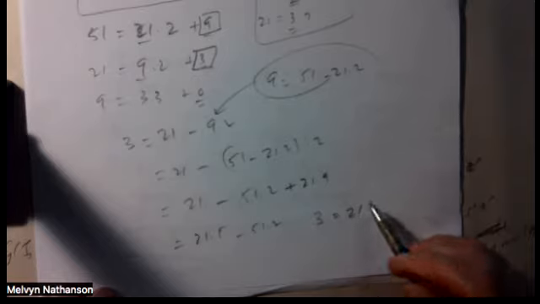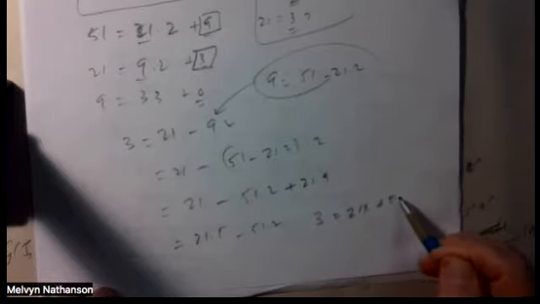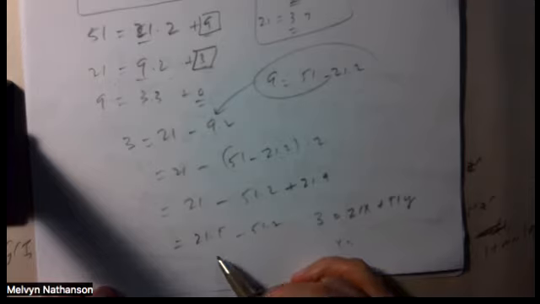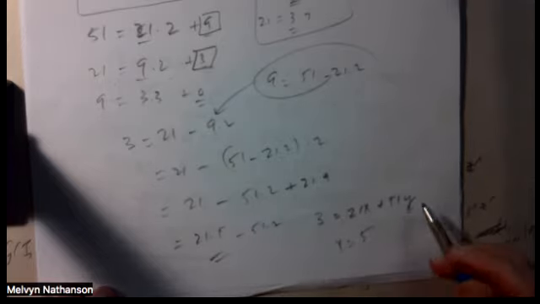So you can say that 3 is 21x plus 51y, where x is equal to 5 and y is equal to minus 2. That's what this says. So that's just working backwards, plugging in the numbers.